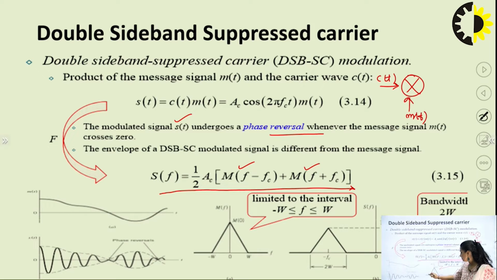If this is the spectrum of the message, extending in bandwidth from -W to W, the bandwidth required for AM transmission is 2W, right? And this is the spectrum for my modulated wave, where I am showing the upper sideband and lower sideband on both sides.